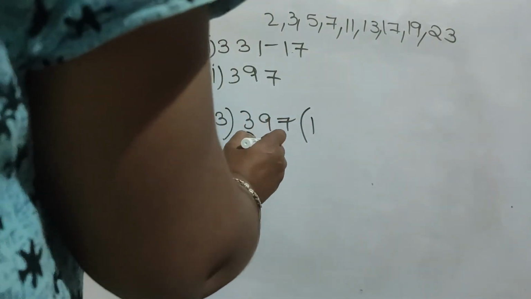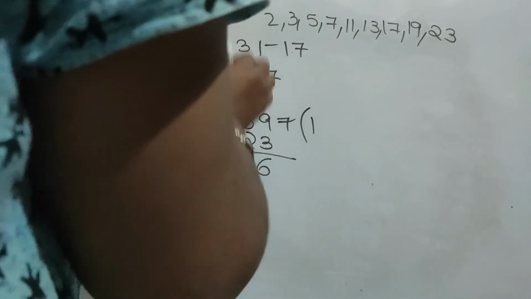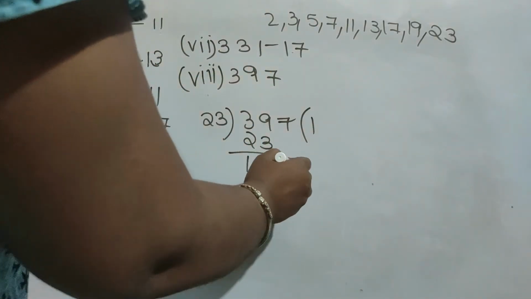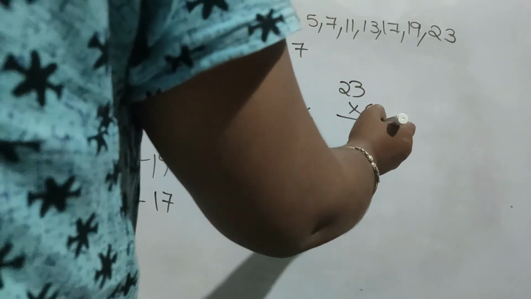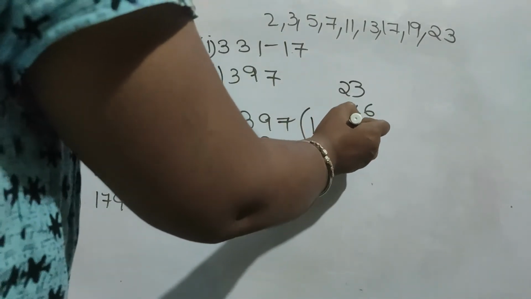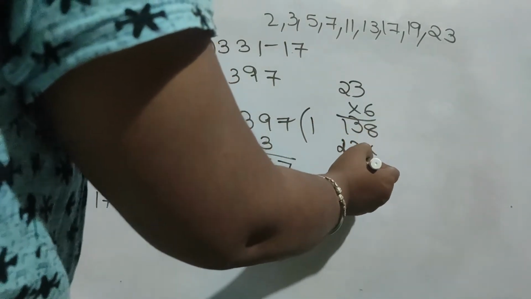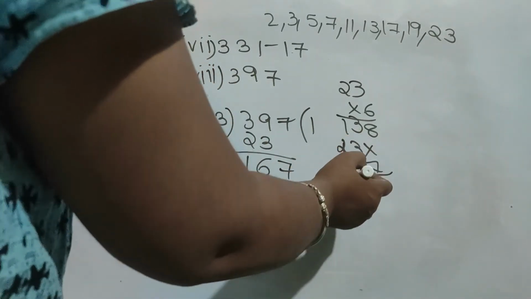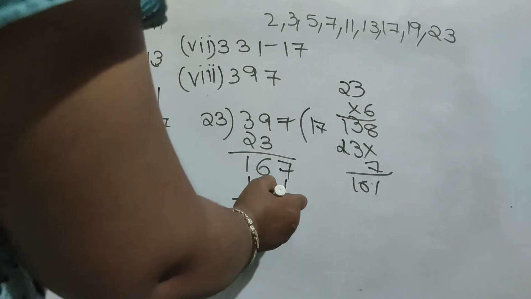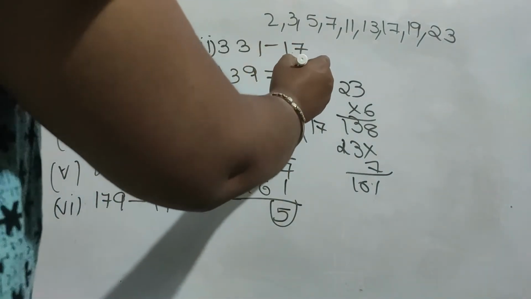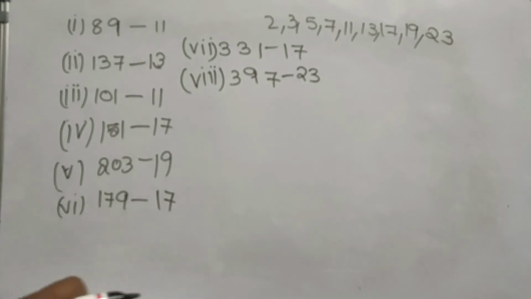One 23 is 23. 23 into 6: 6 threes are 18, 6 twos are 12 plus 1 is 13. 23 into 7: 7 threes are 21, 7 twos are 14 plus 2 is 16. So 7 times, which is 161, and 5 is the remainder. So this is 23. This is the answer to the question of the largest prime number that can help you determine if the given numbers are prime. Moving on to the next question.